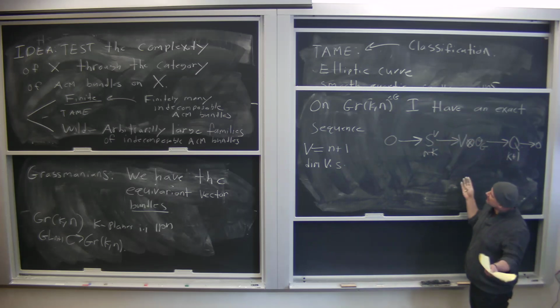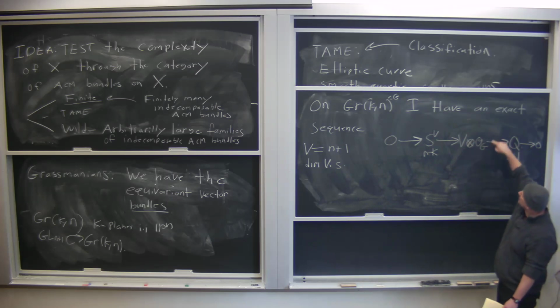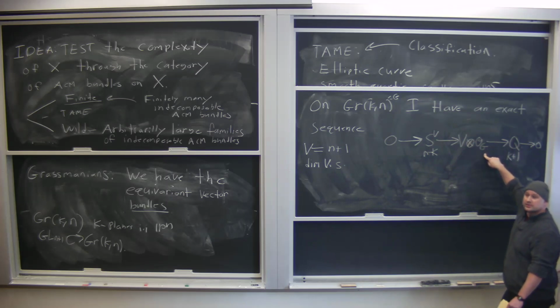Admittedly, this is a little bit confusing, but this is the choice that we make. So here we're on the Grassmannian, and now we have this tautological exact sequence.